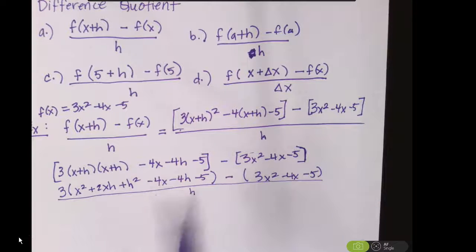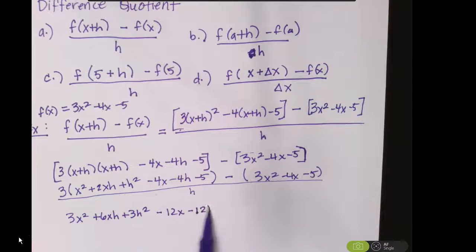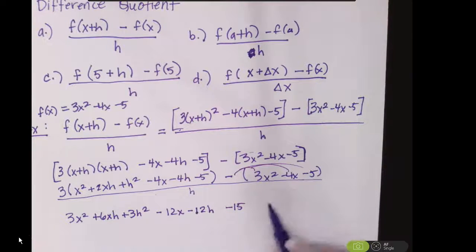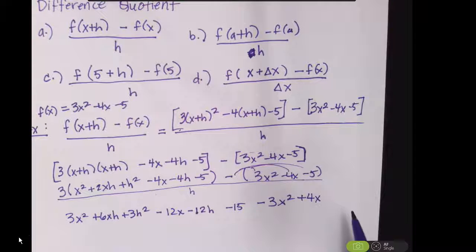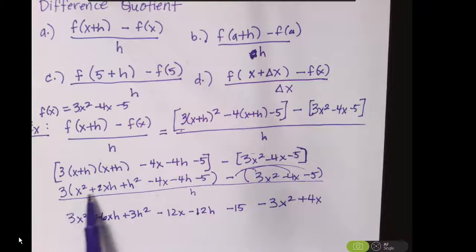So let me distribute here. 3x squared plus 6xh plus 3h squared minus 12x minus 12h minus 15. And then I'm going to distribute this minus sign. Minus 3x squared plus 4x, let's see, look here. I said careful use of parentheses is essential, and here I made a mistake.